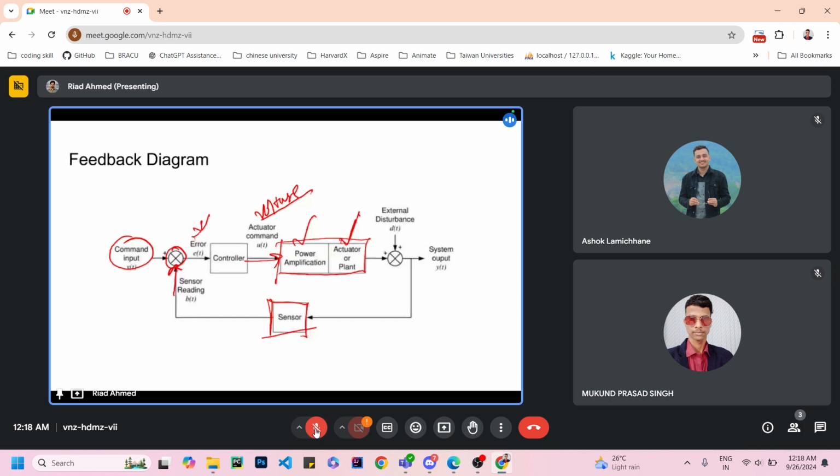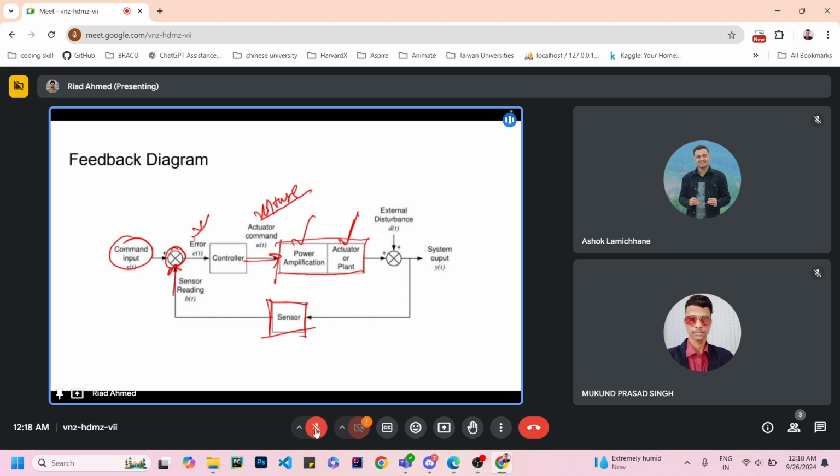The matching is performed by the power amplification part. This power amplification will try to match the controller voltage with the motor voltage. It will amplify the voltage in such a way that the voltage the controller is generating gets exactly matched with the motor's expectations.